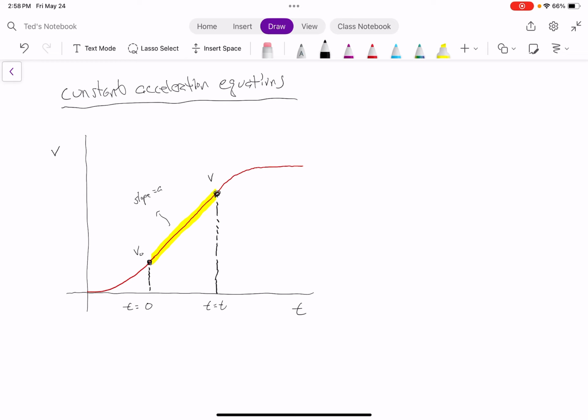And I'm going to do that two ways. I'm going to start with calculus. So if we say that acceleration is constant, what we can do is we can integrate that. Velocity as a function of time is equal to the integral of acceleration as a function of time.